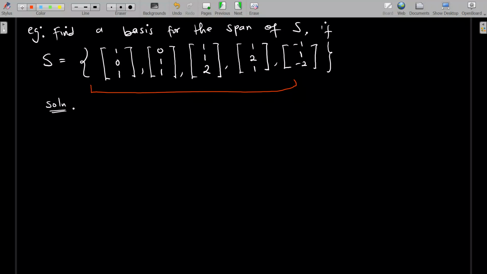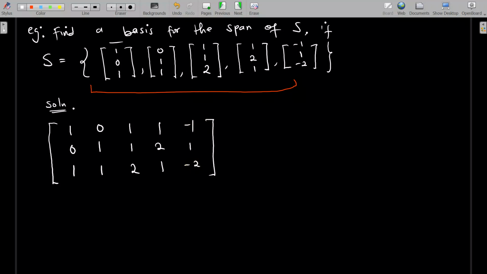Now, a very little trick you can use is to form a matrix, and I said in our previous videos that the columns should contain all these vectors. So the first column should contain the first vector, the second column should contain that, and the third column should contain that one. And I have 1 2 1 -1 1 -2.